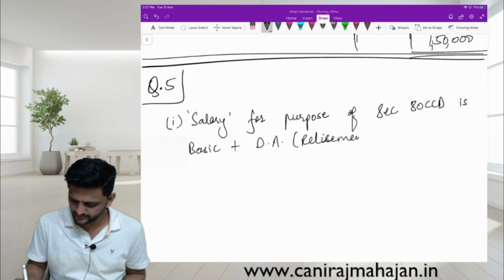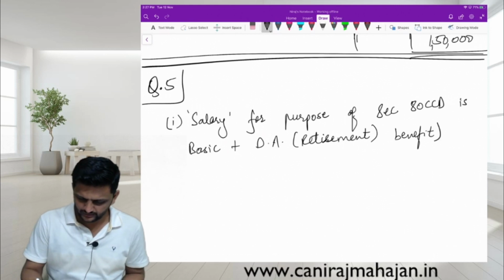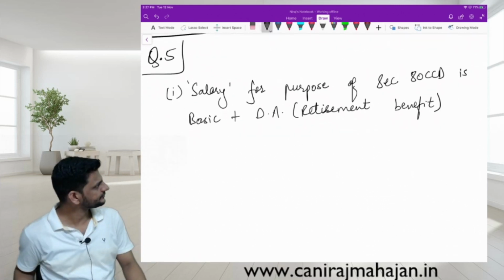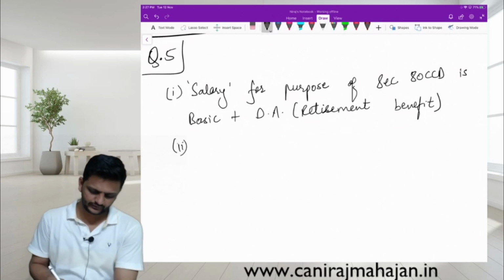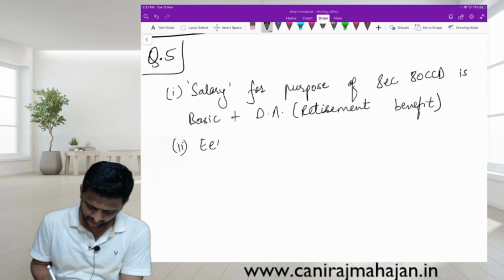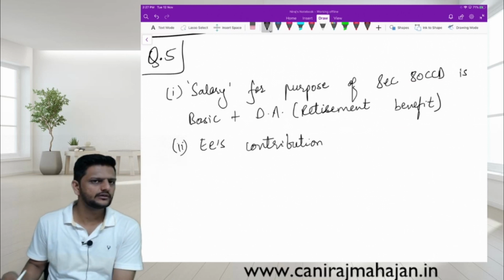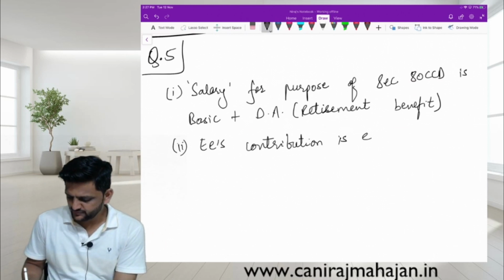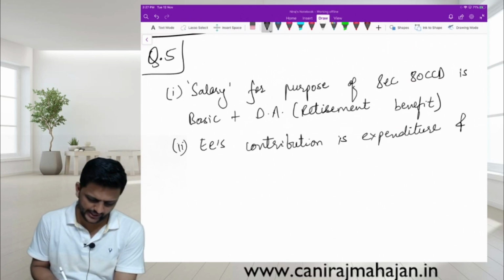Correct. Fine. Employees' contribution is income or expenditure? Expenditure. Very good. Is expenditure and is allowed as deduction.